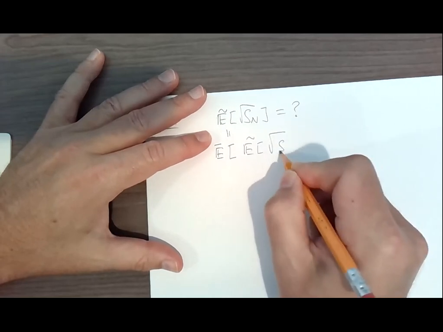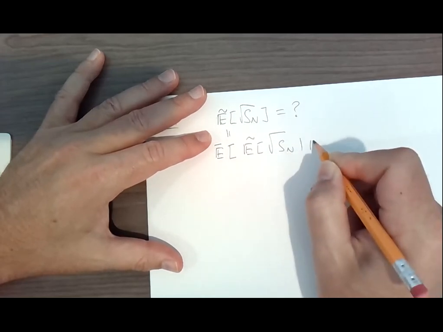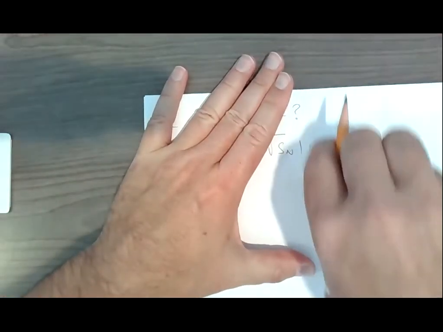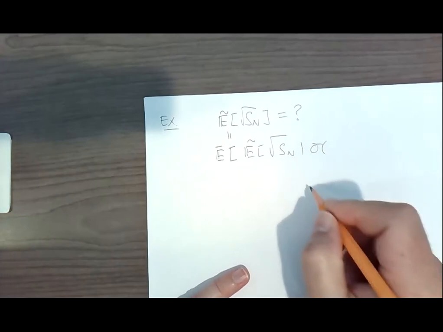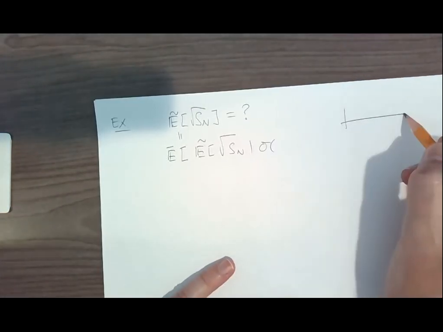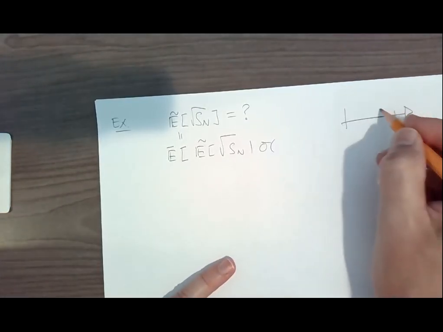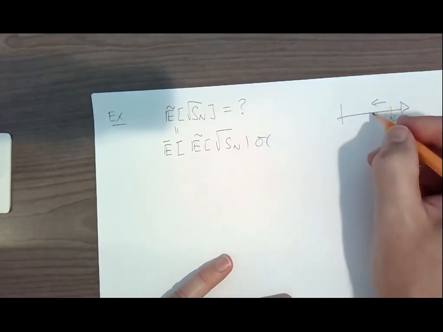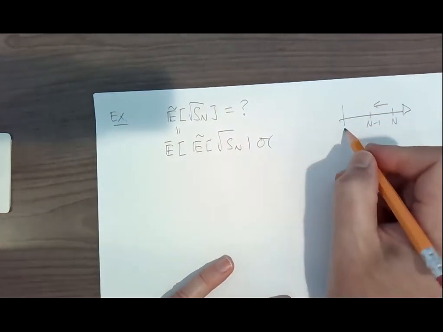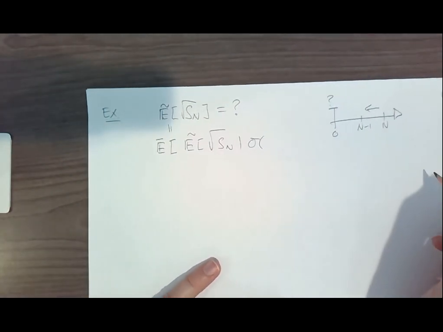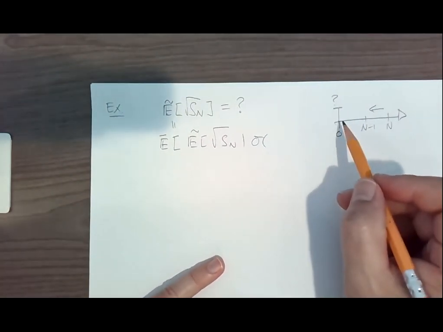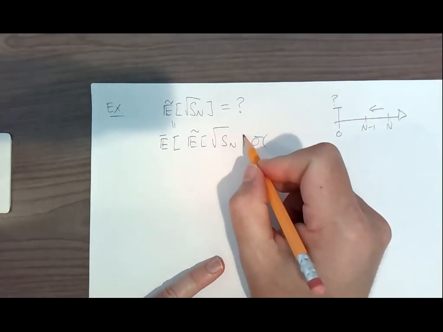So I'll go back iteratively, one step at a time, and I'm hoping to end up here. And this will tell me what the value is at time 0. Okay, so I can put in anything I want here.